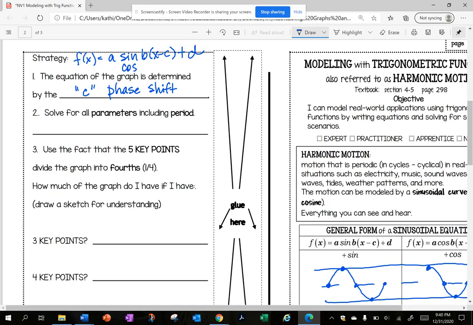I want to solve for all the parameters. So I need A, B, C, and D. And I have 5 points. These 5 points represent 0, 90, 180, 270, and 360, or in radians, 0, pi over 2, pi, 3 pi over 2, and 2 pi, because I am dividing the unit circle into 4 equal parts.